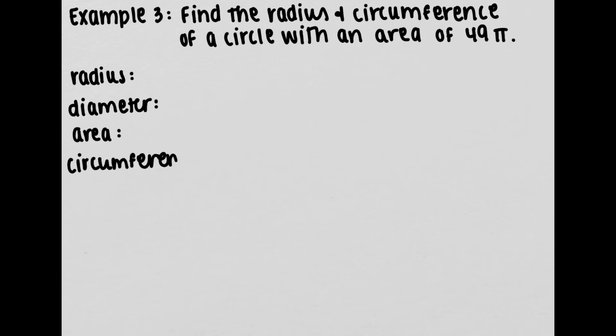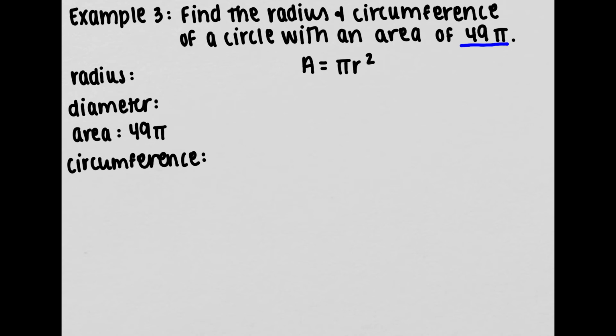When I look at my problem, I'm told that the area is 49 pi, so I can fill that in over here. Now I can't divide by 2 or multiply by 2 to find anything else. I know so far my area formula is pi r squared. What I have to do is plug in the area that I already know and then solve for my radius first.